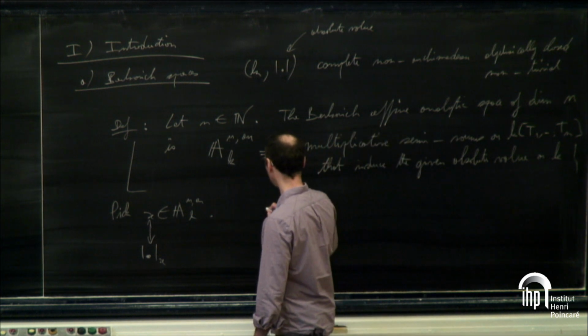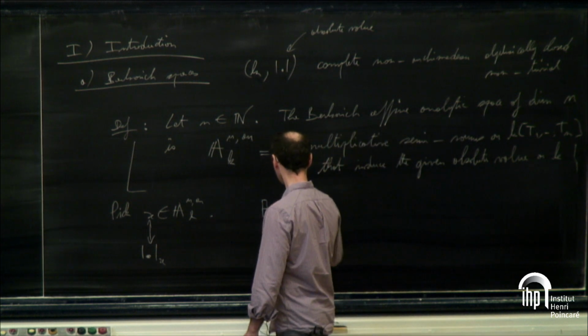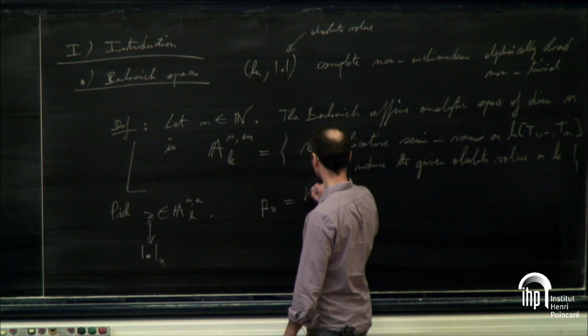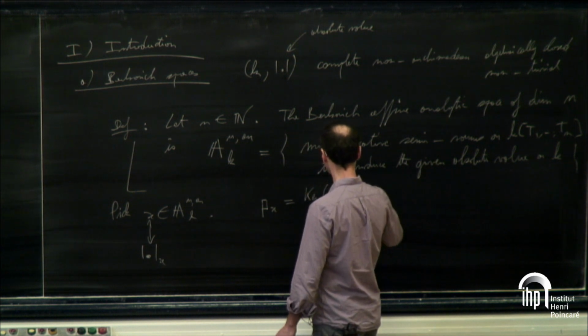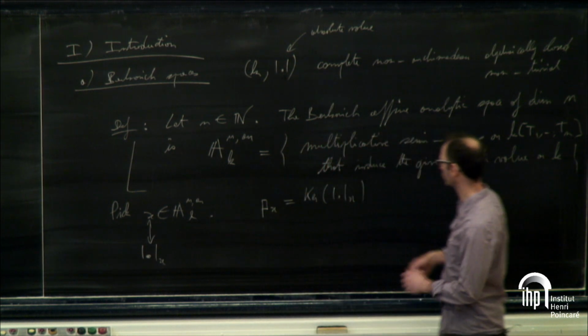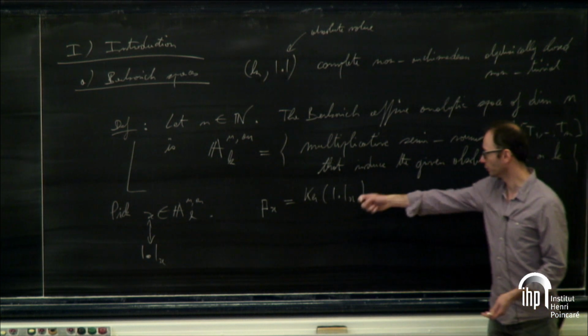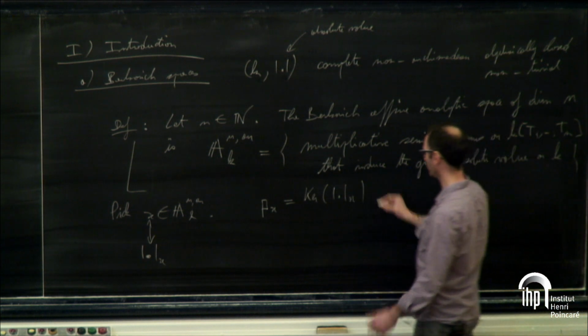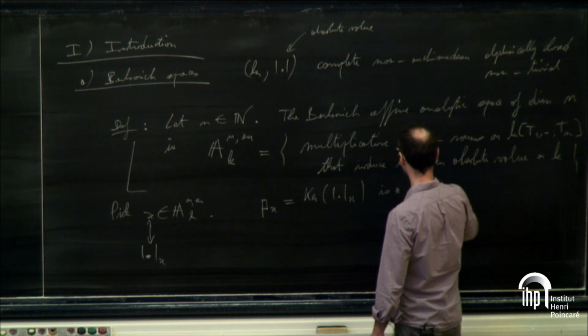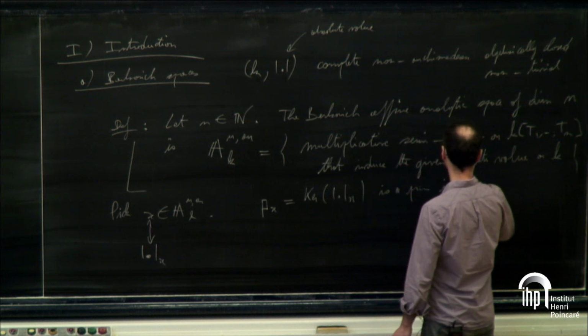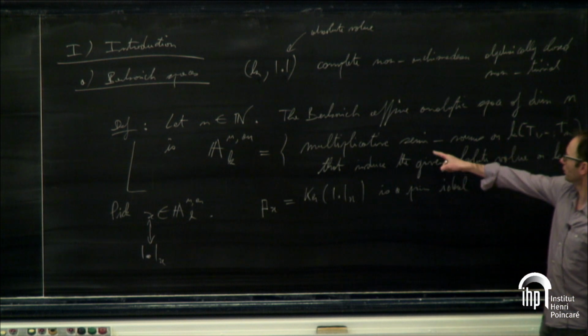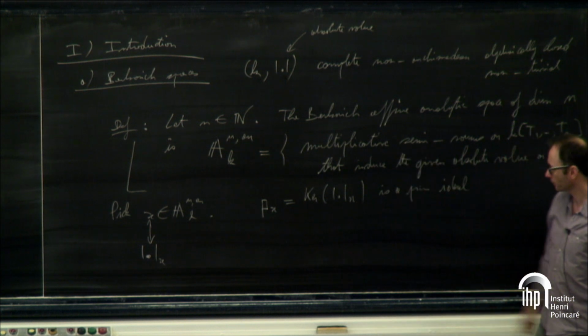And I can define P of x to be the kernel of this seminorm, meaning the set of polynomials such that if you apply the seminorm, you find 0. So this is a prime ideal, basically because you required it to be multiplicative.